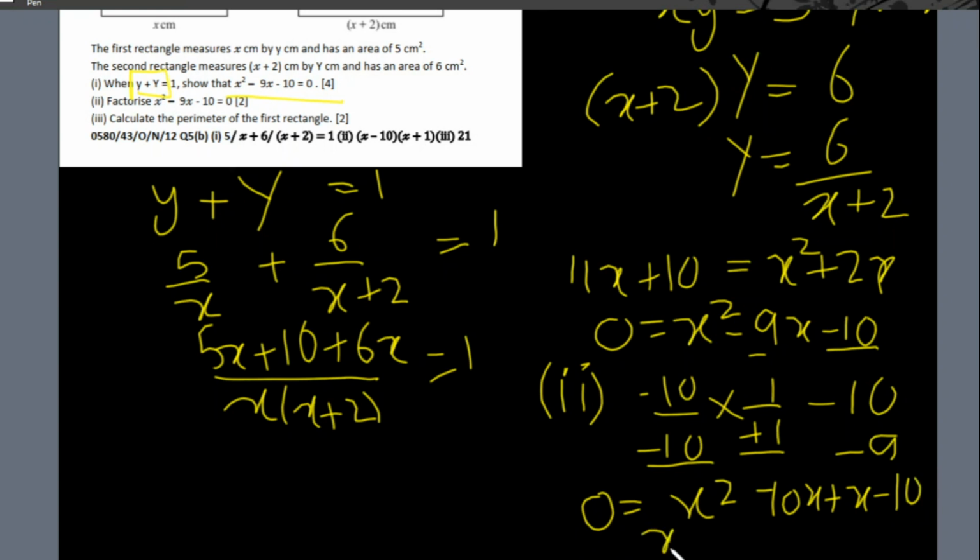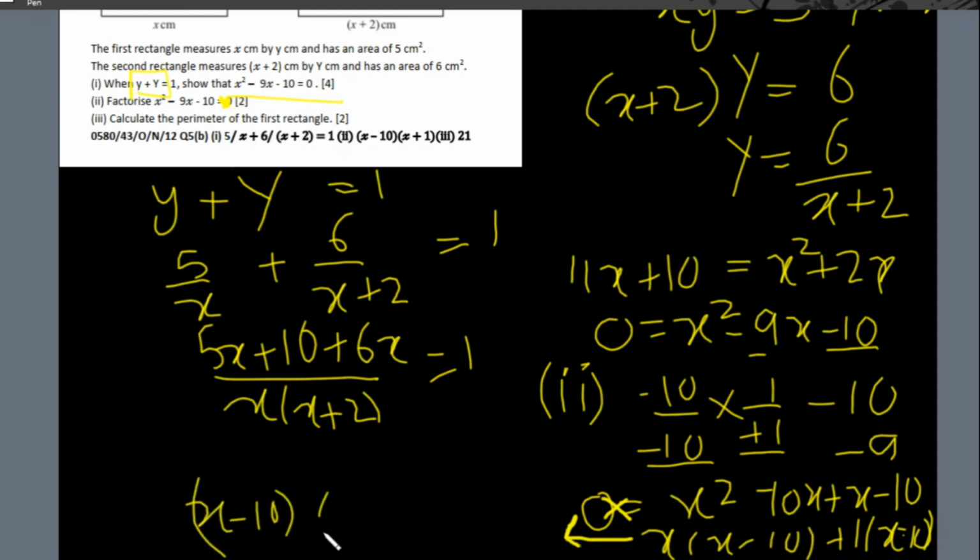So x is common in the first two, x minus 10, and then plus 1 is common, x minus 10. So we have factorized the expression. Remove the equals to 0 from here, it shouldn't be included. Alright, so the factorized form would be x minus 10 and x plus 1. This is the factorized form.